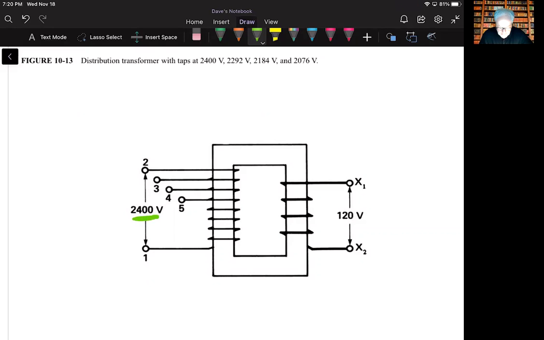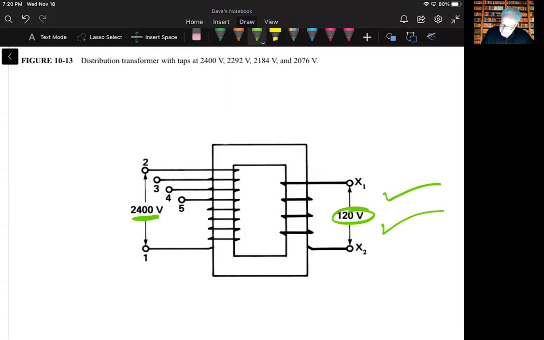And then from 1 to 3, it's got a different turns ratio, and 1 to 4 is another, and 1 to 5 is another. On the output side, what we've got is always 120 volts out. All right, so the way this thing works is the taps are just connections to these physical points in the transformer.